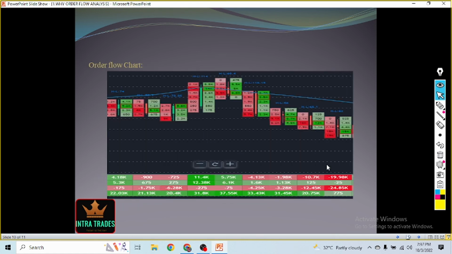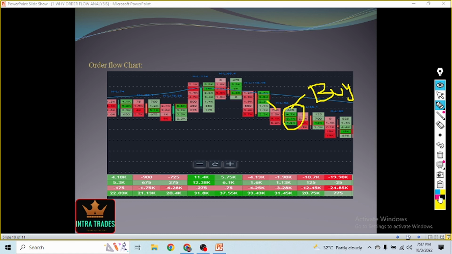Now you are looking at an order flow chart. For every candle there is some data on the right and left. The data on the right is buy orders which got executed. Remember the word again and again: order flow analysis will show us the executed orders only.